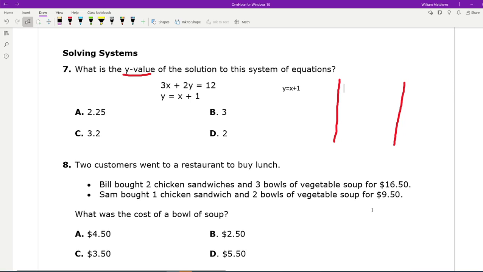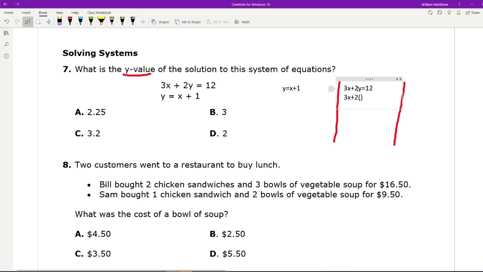So the other equation would be the 3x plus 2y equals 12. I have y is equal to a set value, so I'm going to replace y with the set value.